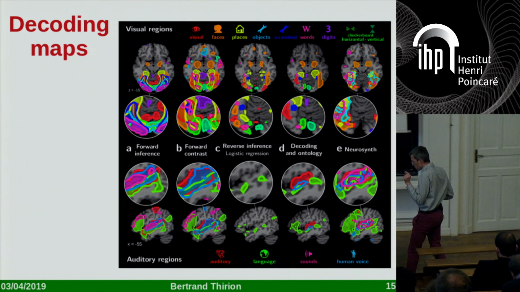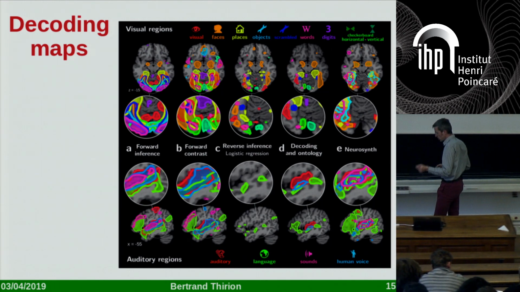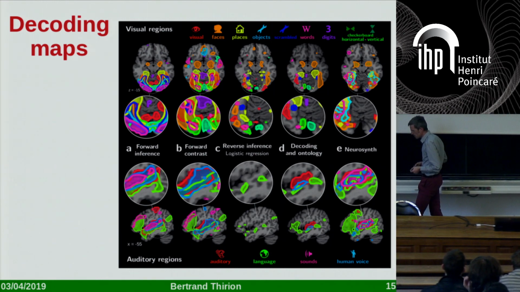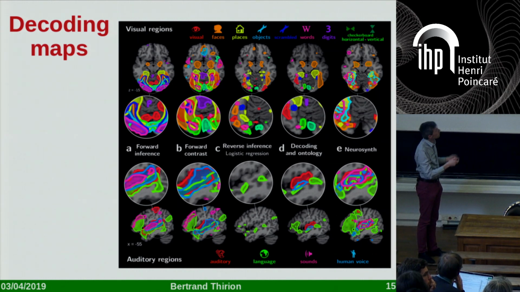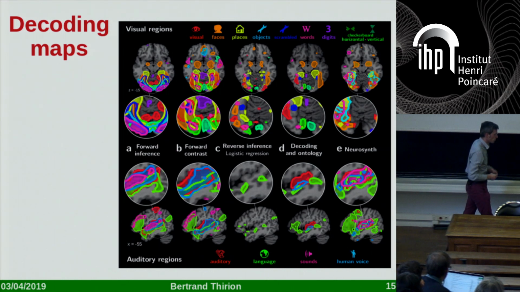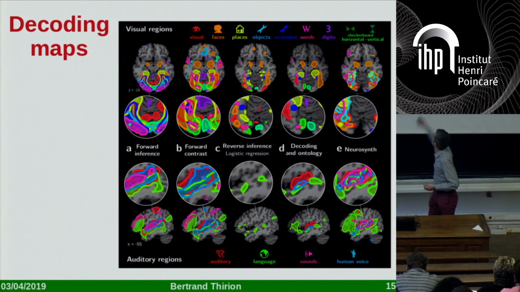So you only retain the regions that are clearly conditionally and marginally associated with the occurrence of the stimulus. And you can do that with visual categories or with speech content, auditory content, etc. And you obtain with this a better mapping of the auditory and language brain regions here.